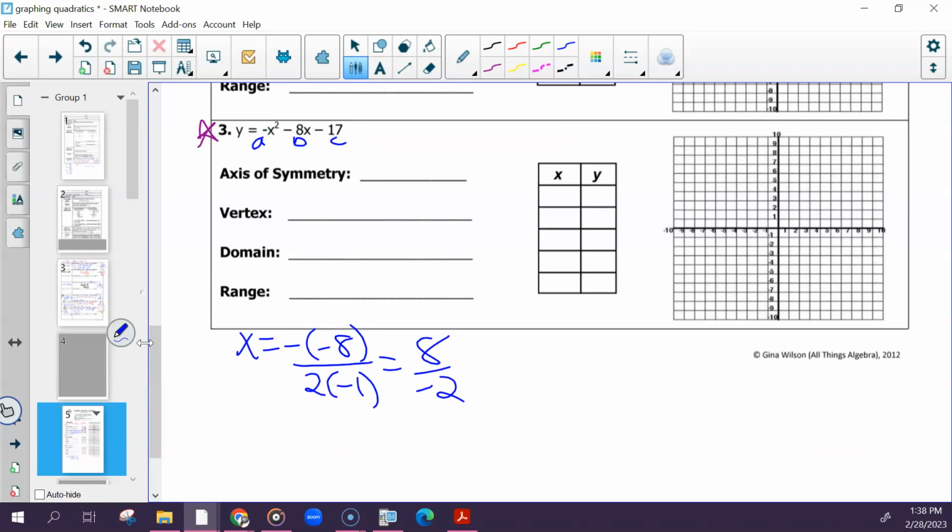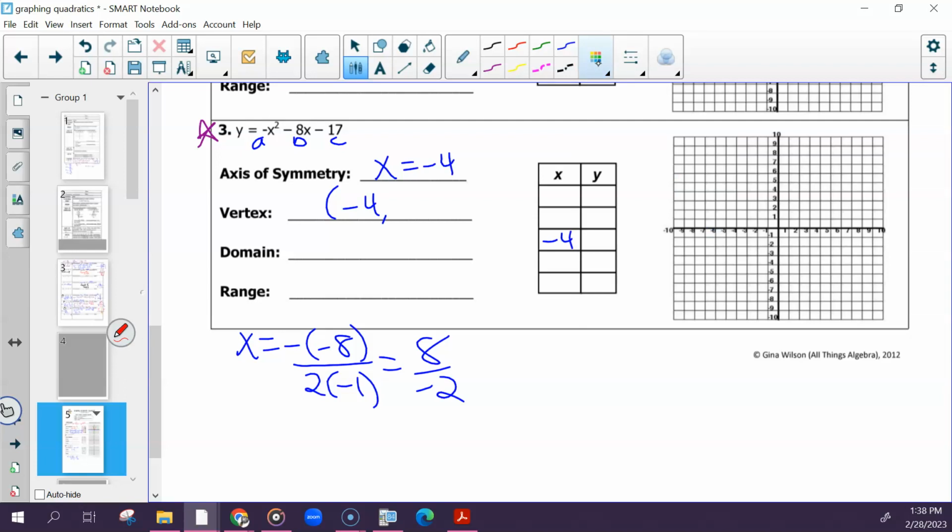X equals -4. So we know the x part of the vertex is going to be -4. Once you start finding things, you could start putting things together. Really, you could fill in your x values from here, but we'll do that in a second.